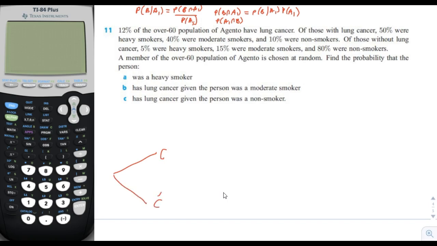So lung cancer would be 12% and the rest is 0.88. And of the 12% that have lung cancer, 50% were heavy smokers, 40% were moderate smokers, and 10% were non-smokers.